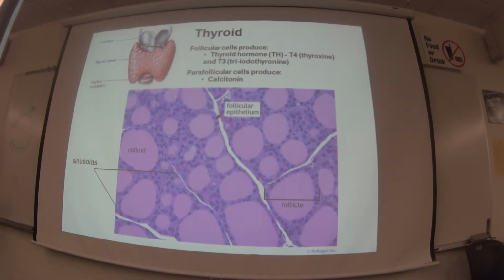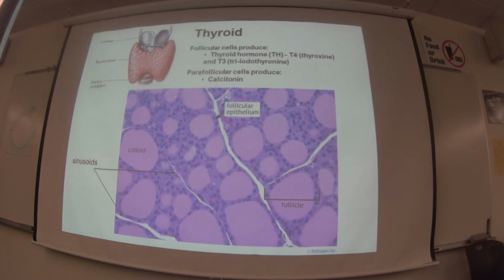Now, I want to point out exactly, this is my drawing of a thyroid follicle. This whole thing from here to here, that is a follicle. That's why these things around the border are called follicular cells.